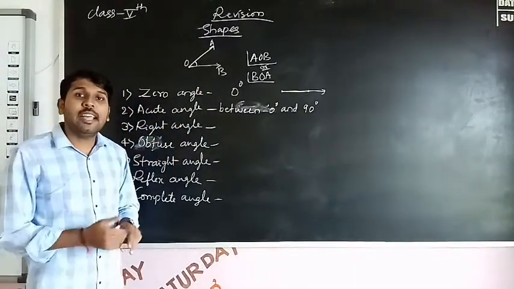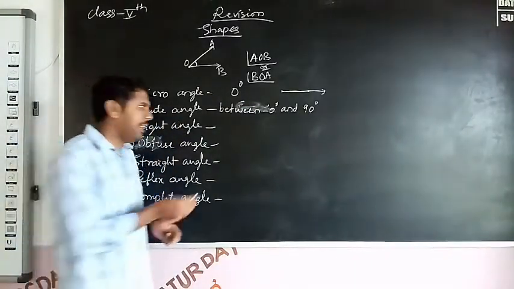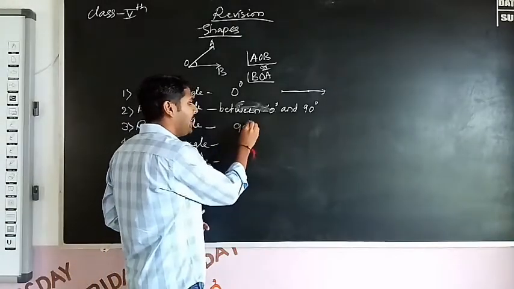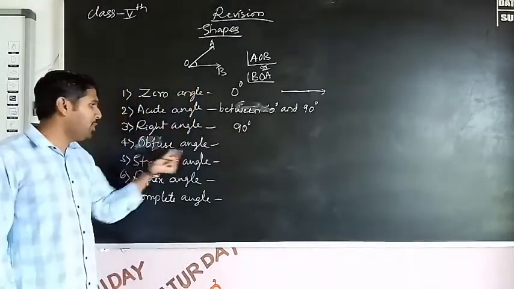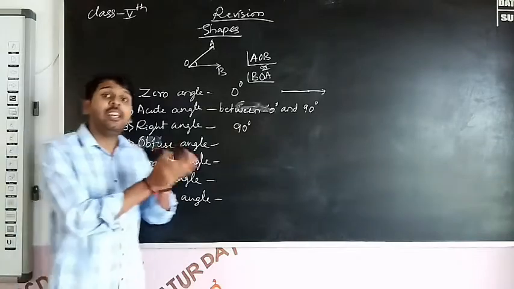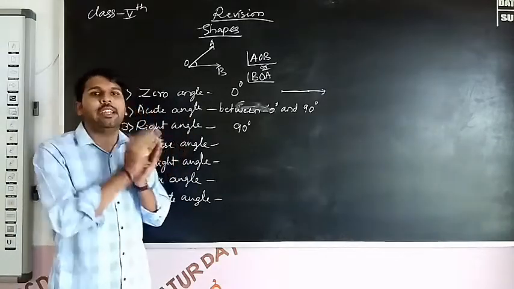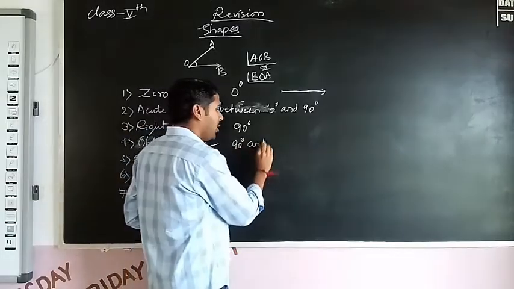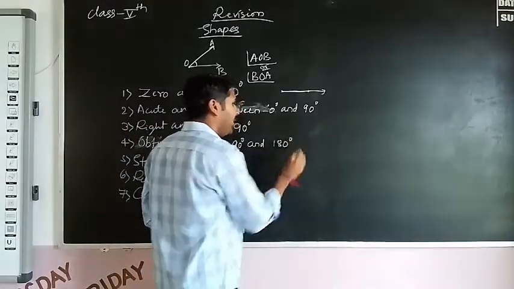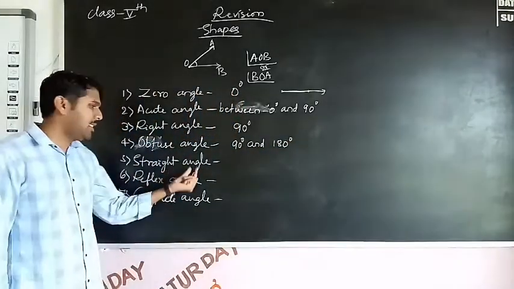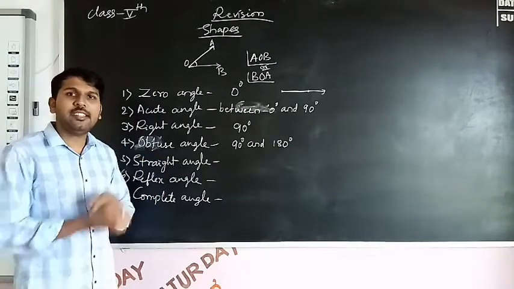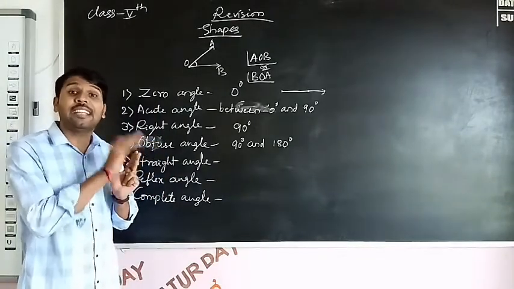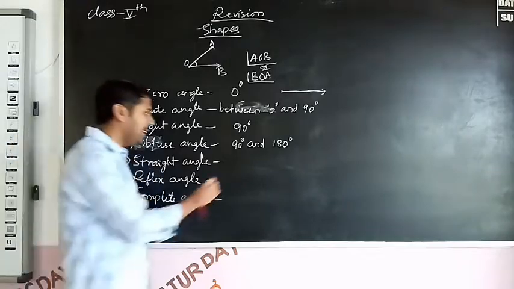Right angle is exactly equal to 90 degree. Next, obtuse angle is in between 90 degree and 180 degree. Next, straight angle means the measurement of the angle is exactly equal to 180 degree.